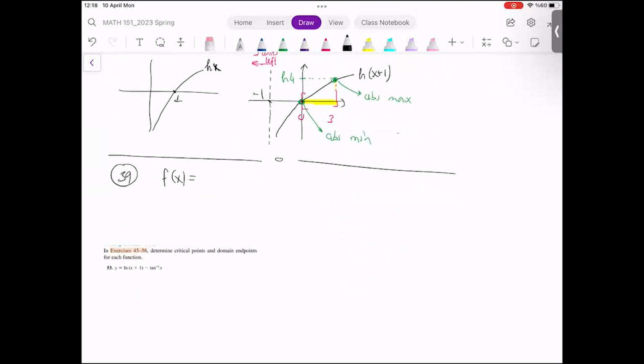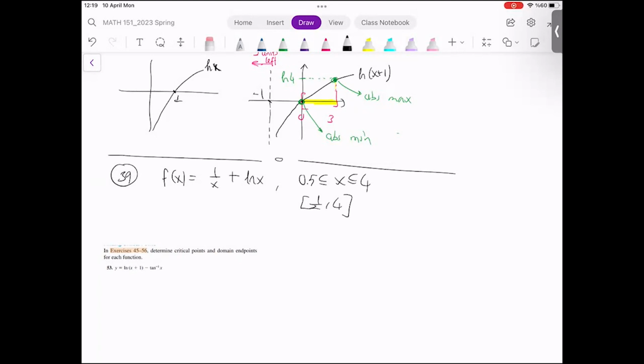F of x is like that, 1 over x plus ln x. Over which interval? Over this one, 1/2 to 4. Okay, you can also write this interval as this one, right? It's the closed interval. We will try to find the absolute maximum of this continuous function over this closed interval.